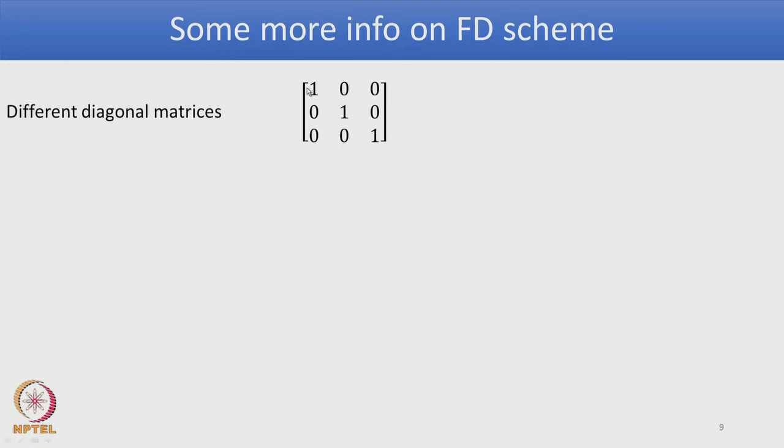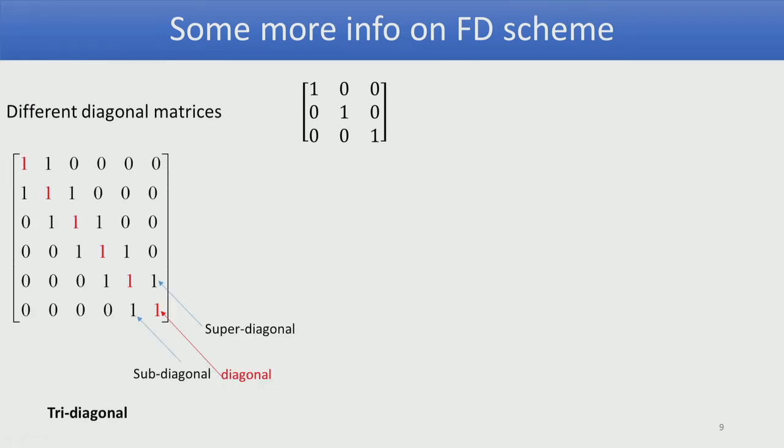What is shown here is just a diagonal matrix, where along the diagonal only one quantity is present and all other elements in the matrix have 0 value. Then there is another matrix called the tridiagonal matrix. This will be extremely useful, and we will see later how it is used in CFD.